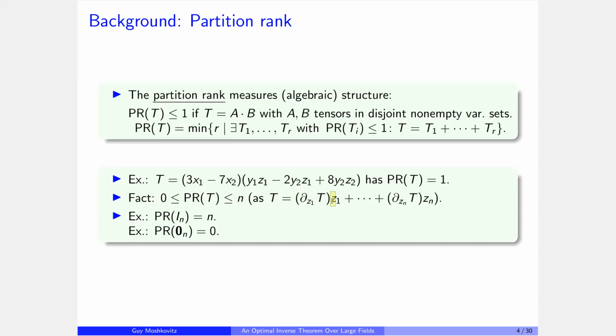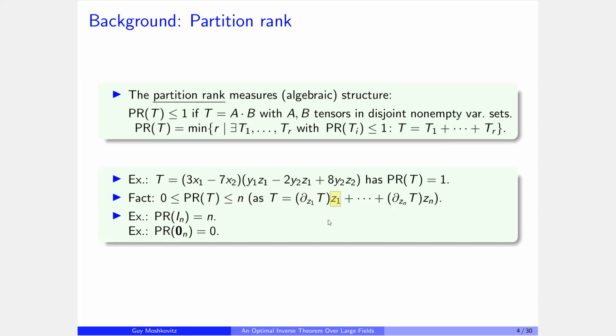express your polynomial as follows: maybe I choose the vertex set of the z variables, and then I have z1 times everything that multiplies that, plus z2 times stuff, etc. So each of these summands is of partition rank 1, right?